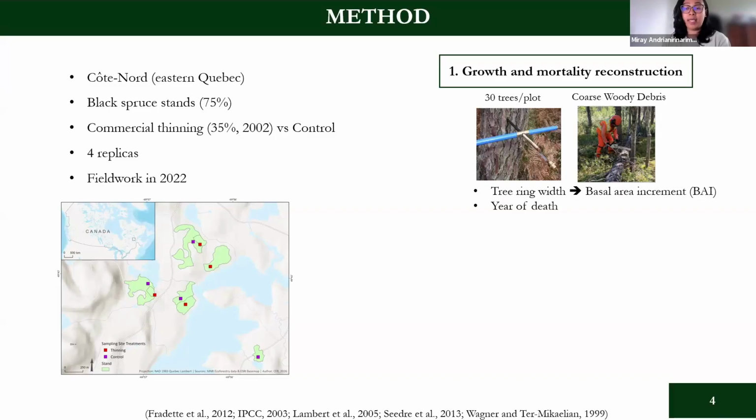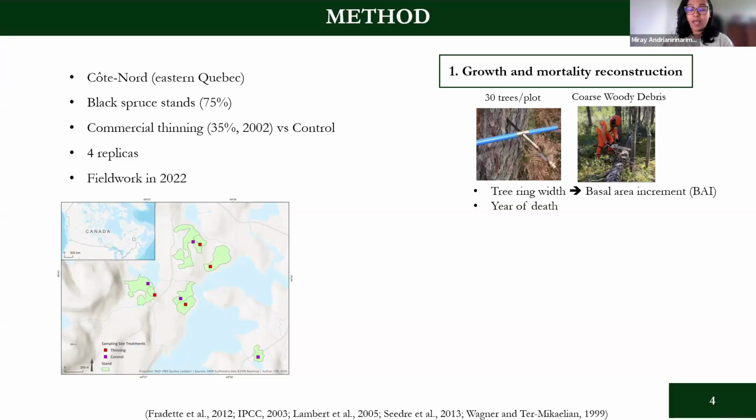For the dead trees, we took transverse wood sections from standing dead wood, which means snags, and also from the downed woody debris.